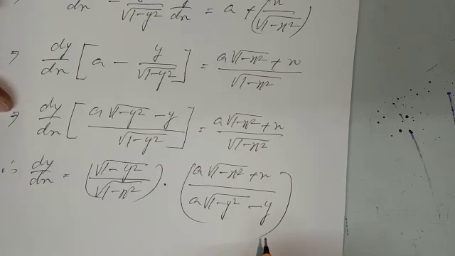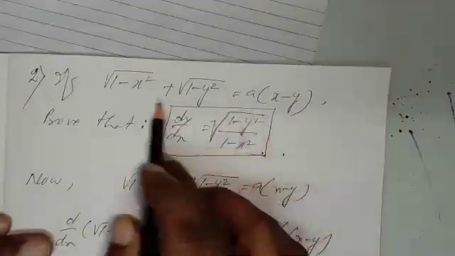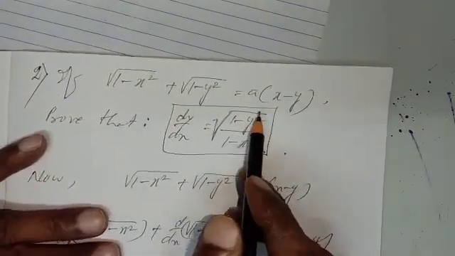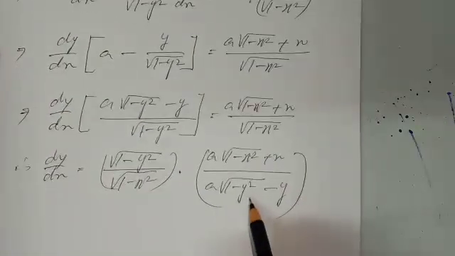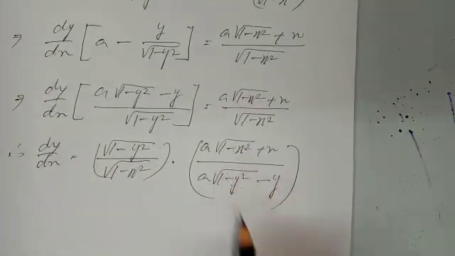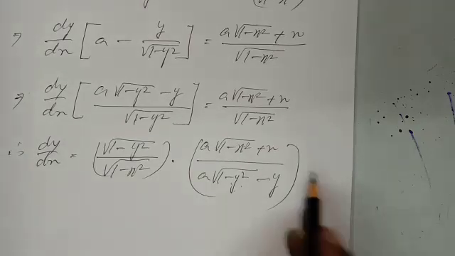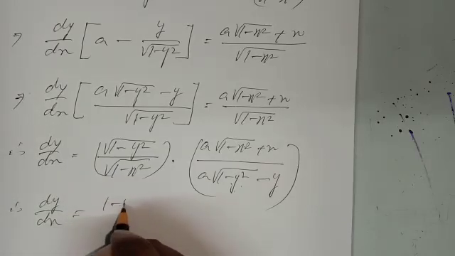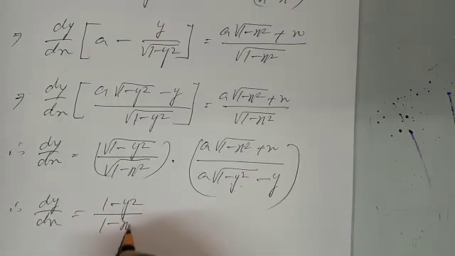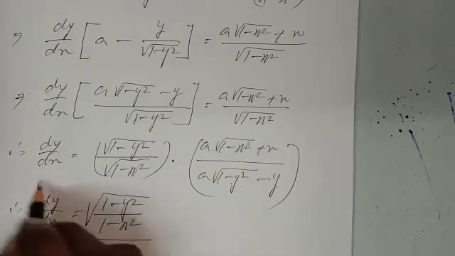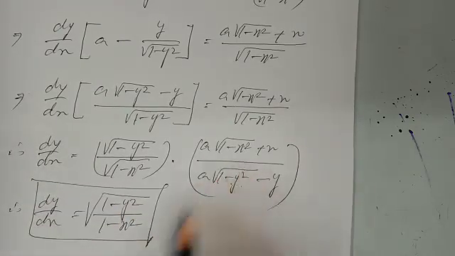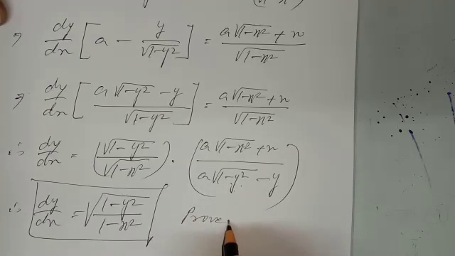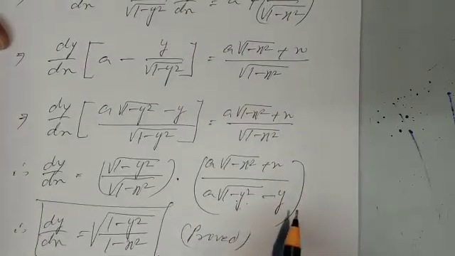If you simplify this part in such a manner that both will be equal, then in final it will be dy/dx is equal to the square root of 1 minus y squared by 1 minus x squared. The main difficult part is how it is coming equal to each other. That you have to practice on your own. I am just helping here.